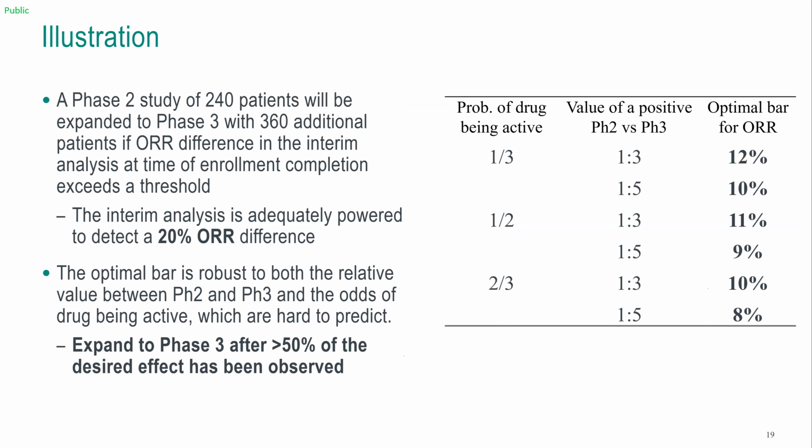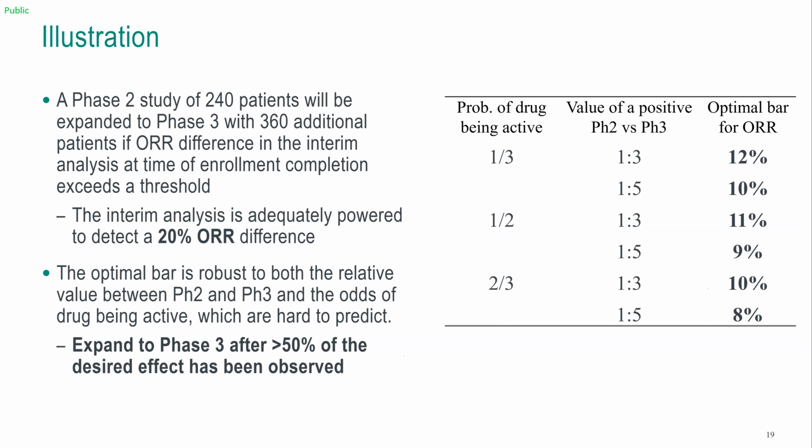Essentially, you need to have observed about half of the effect. That's the sweet spot for the program to be cost-effective. And this bar is, of course, pertinent to the cost structure of this program.